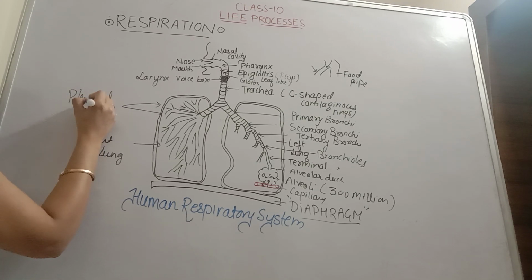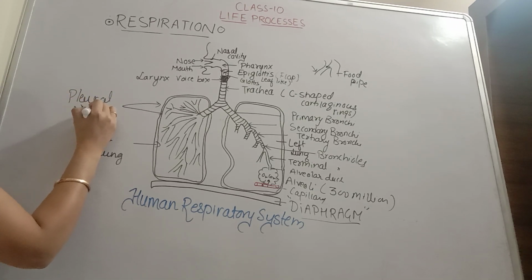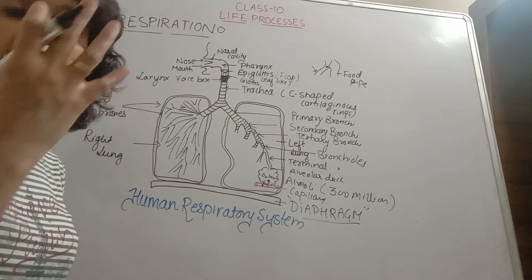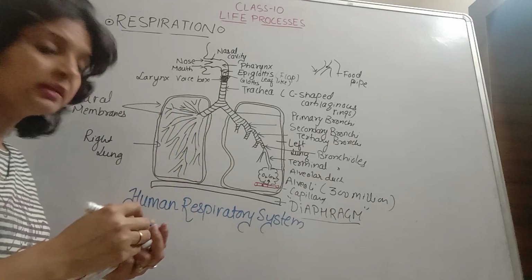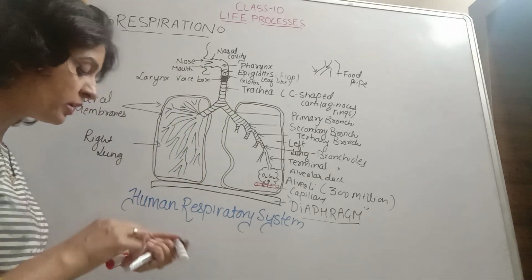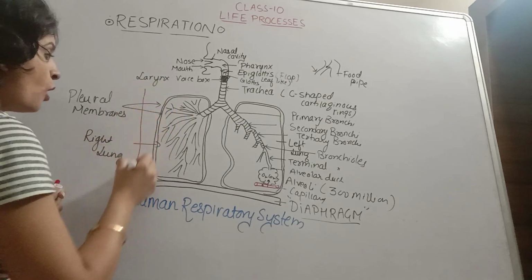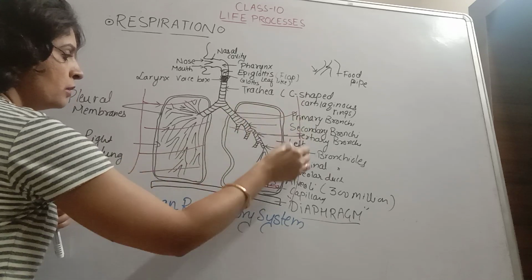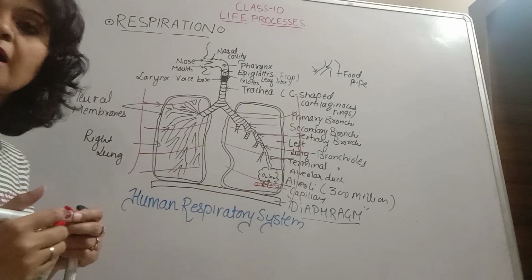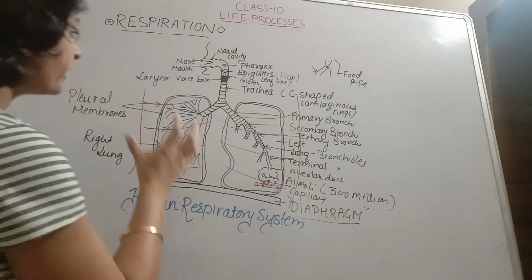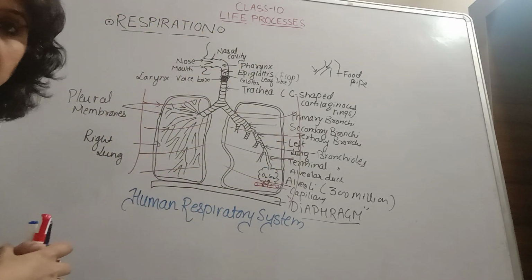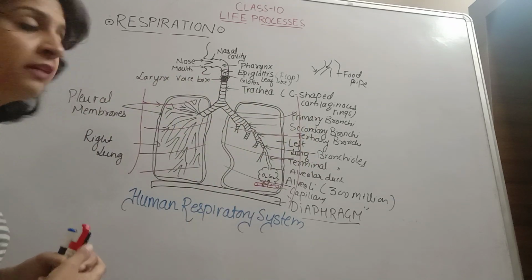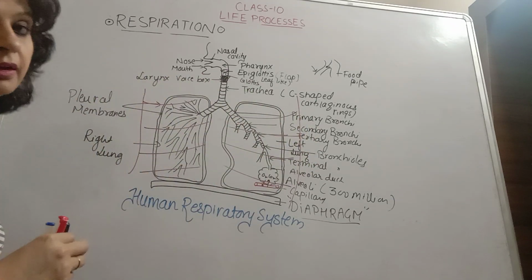These membranes will protect the lungs from shock. The lungs are also protected by the help of the ribs. Your ribs are also present to protect the lungs, and this is known as the chest cavity, which is further protecting our lungs.